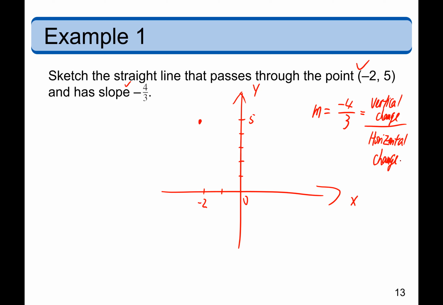And vertical change, since it's -4, meaning we're gonna go down 4 units. On the vertical side, if it is negative, go down. If it is positive, go up.